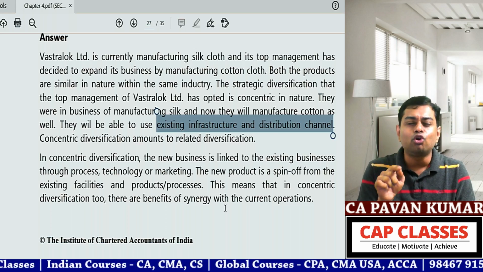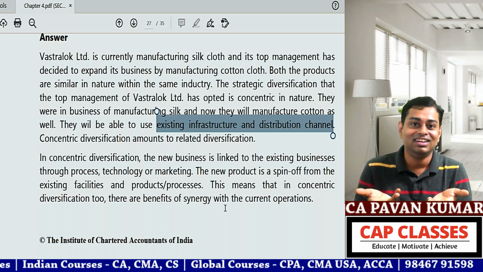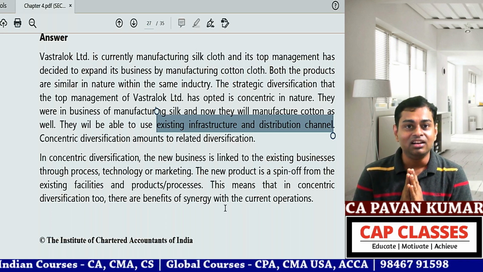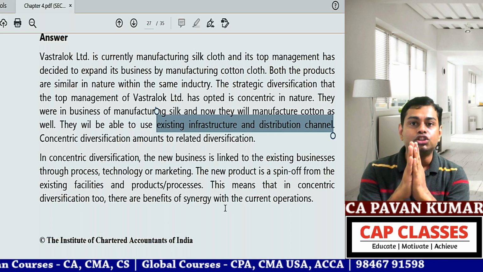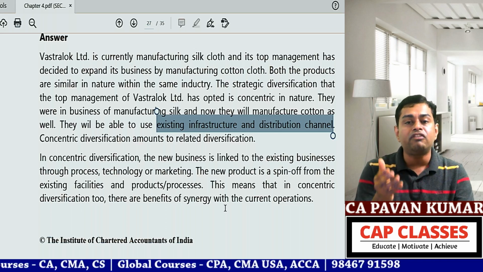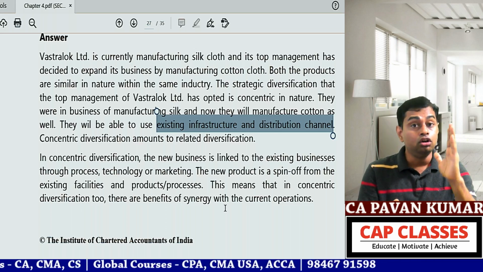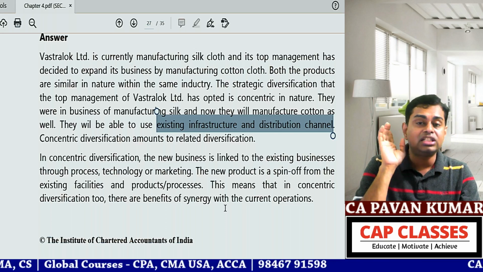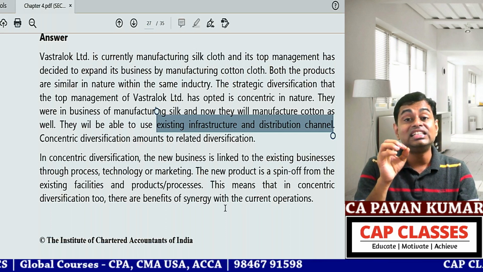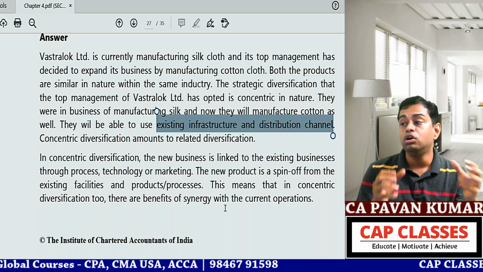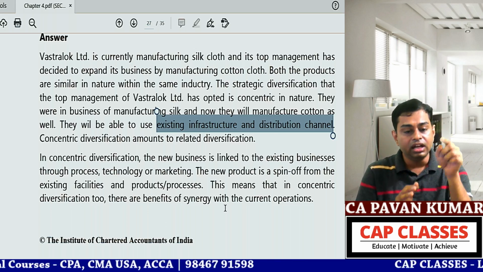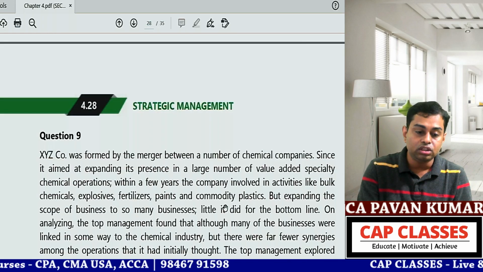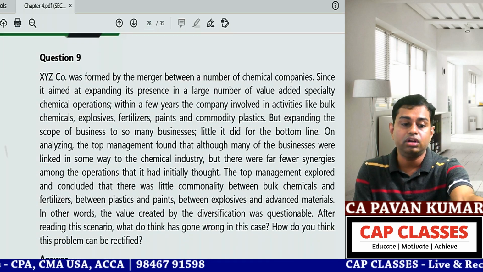If it is 4 only, why are they joining? In a merger or acquisition, if this is 2 and this is 2, and the combined unit is 4, why would the merger happen? 2 plus 2 will be more than 4, then only mergers will happen. That is called synergy. So you can get that synergy in this situation also. That is question number 8 for you, ladies and gentlemen.